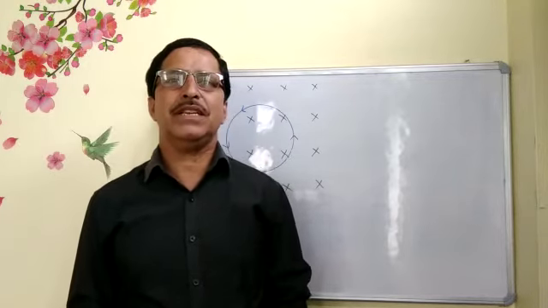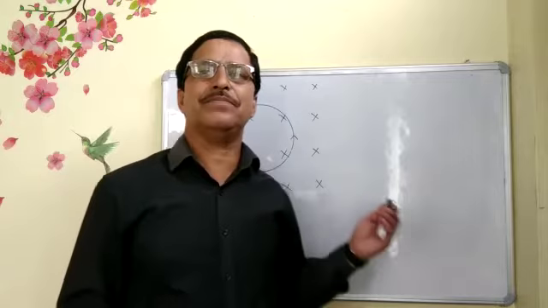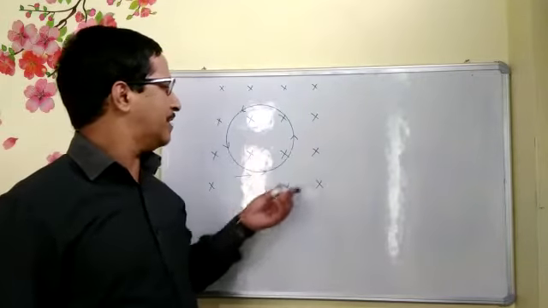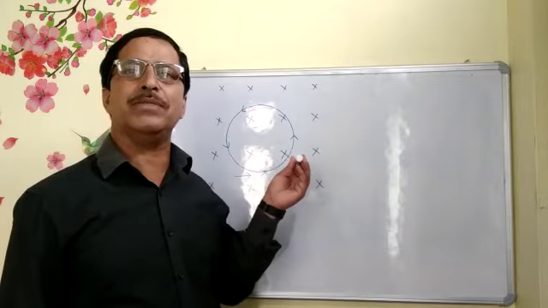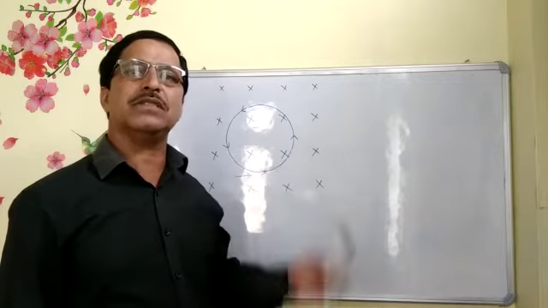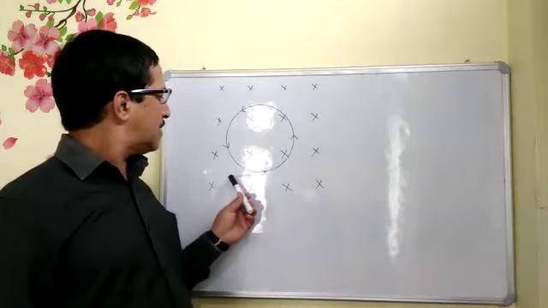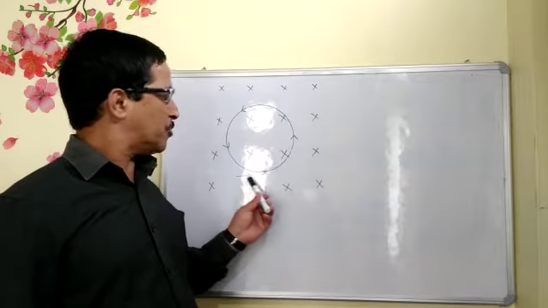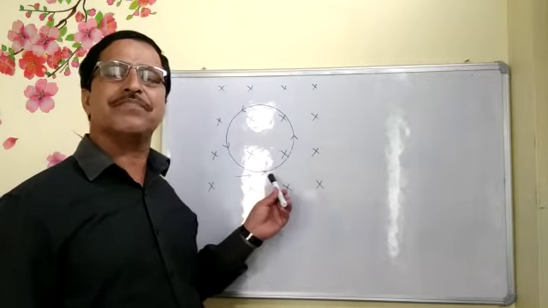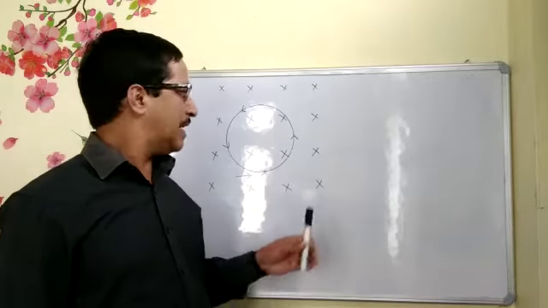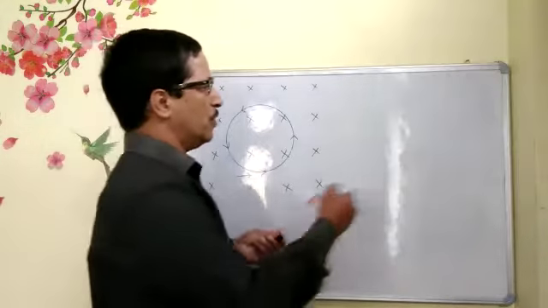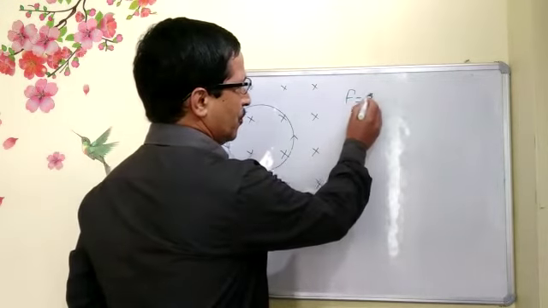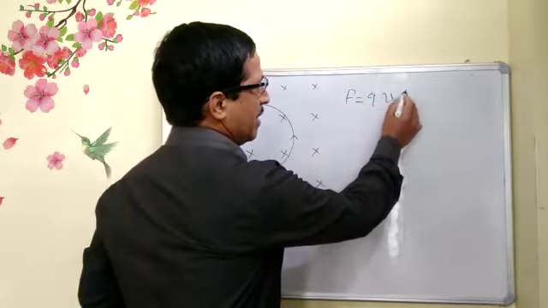As I told you in the previous discussion, if I have a uniform magnetic field which is in this case directed perpendicular to the plane of the board inwards, a positive charge +Q is projected perpendicular to this field, then it will experience a force F equal to Q into V into B sine theta.